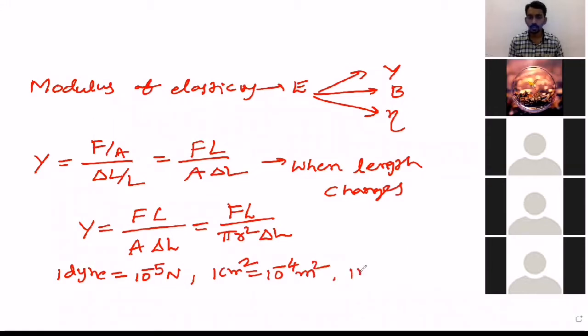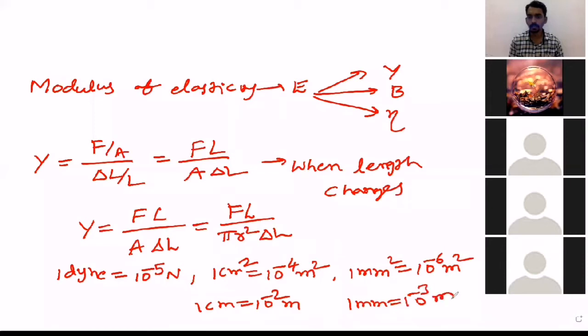Or else, if they give millimeter square, that is 10 power minus 6 meter square. Because 1 centimeter means 10 power minus 2 meter, 1 millimeter means 10 power minus 3 meter. So this conversion is also very important. Then only you can solve the questions properly.